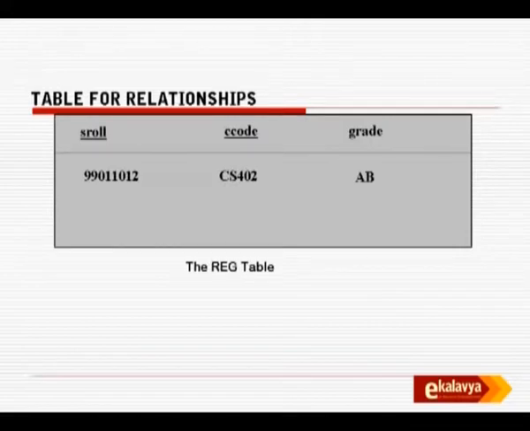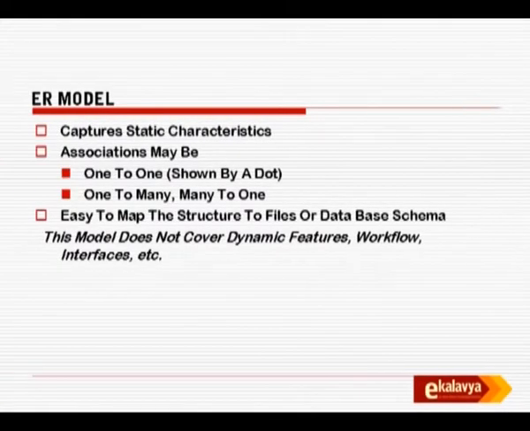You will set up relationships where you will have attributes for the relations, etc. You will put a table for relationships and figure out whether something else is required like grade and whatever. The ER model captures static characteristics, associations which can be one-to-one or one-to-many, many-to-one.